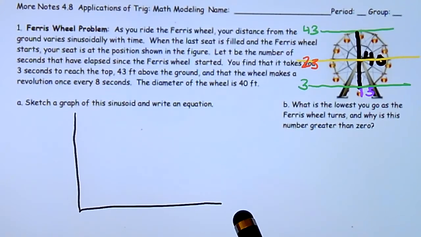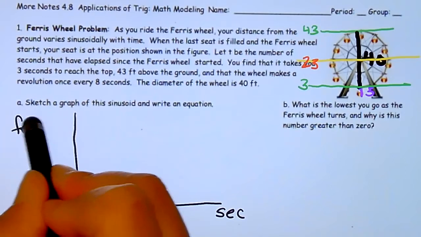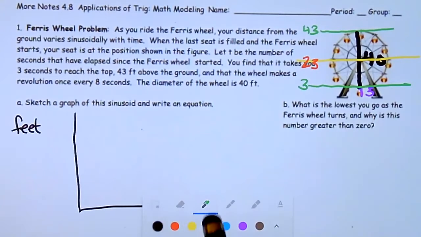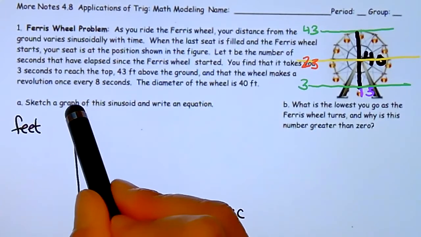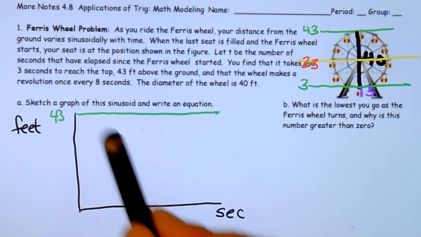So this is going to be in seconds. This is going to be in feet, feet above the ground. Again, my high is 43 and my low is 3. So let me draw my 43. I'm going to draw my 3.